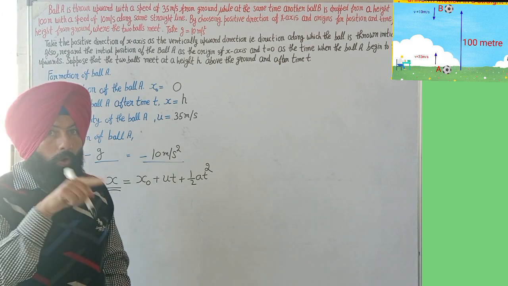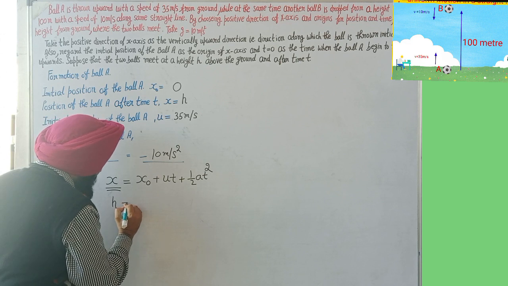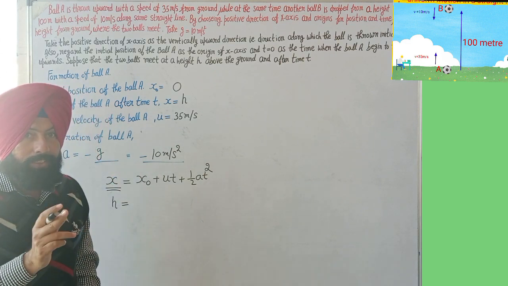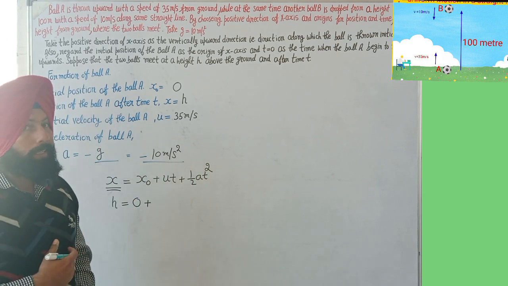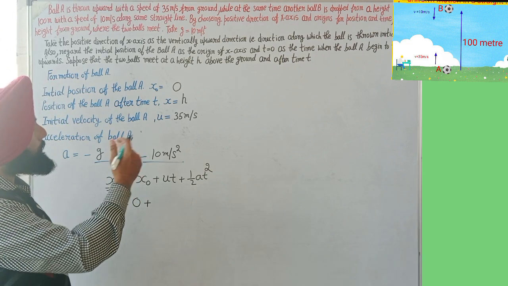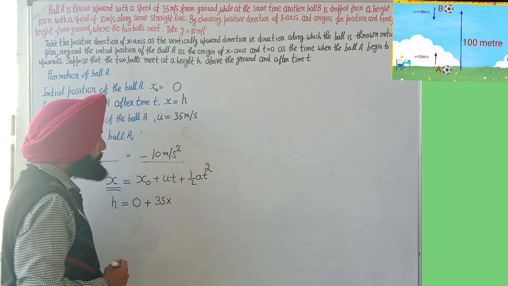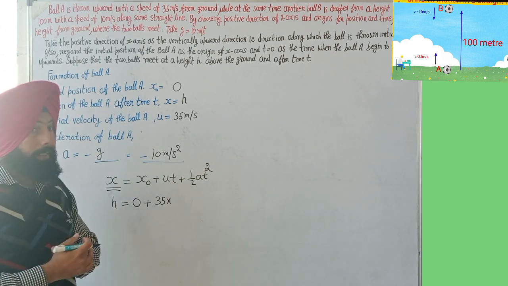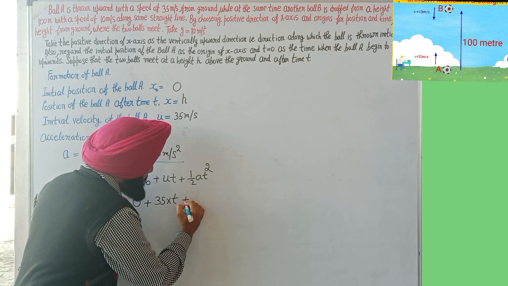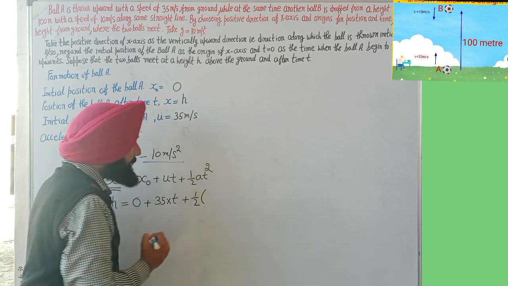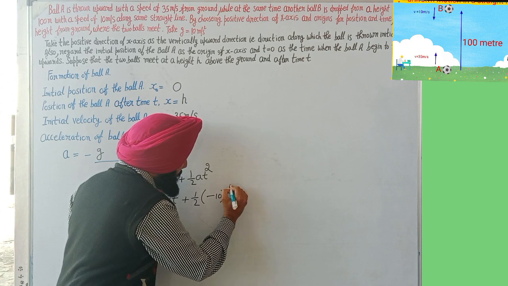Position of the ball after time t, that is h, equal to x naught, initial position of the ball, that is 0, plus ut, initial velocity of the ball, that is 35 meter per second, multiplied by time, plus half, now the acceleration, that is negative 10, multiplied by t square.